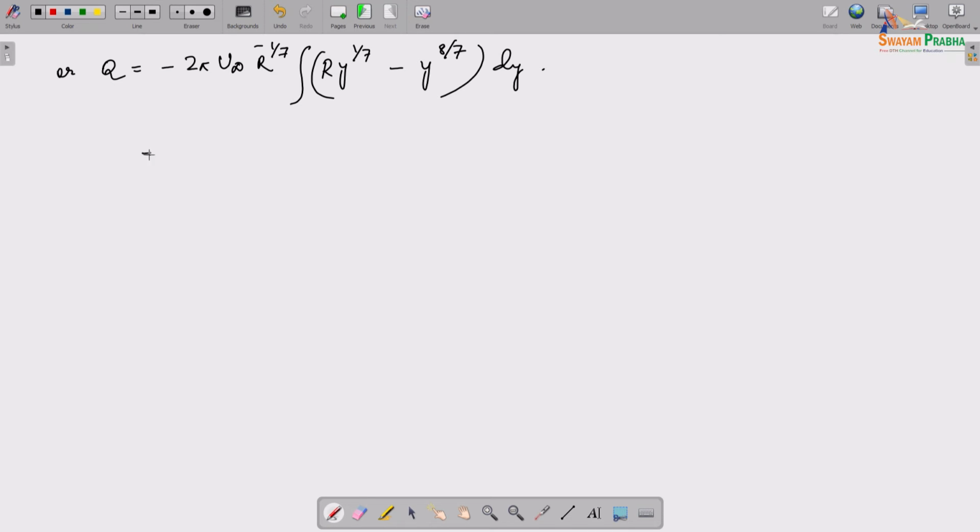So this is equal to minus 2 pi u infinity R to the power minus 1 by 7, R into y to the power 8 by 7 by 8 by 7, because this is the power plus 1, minus y to the power 15 by 7 by 15 by 7.